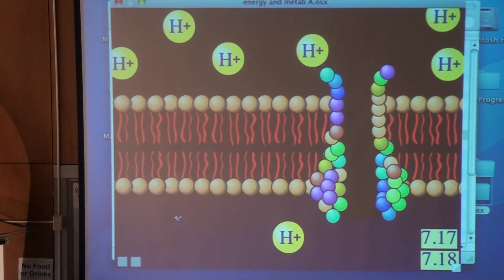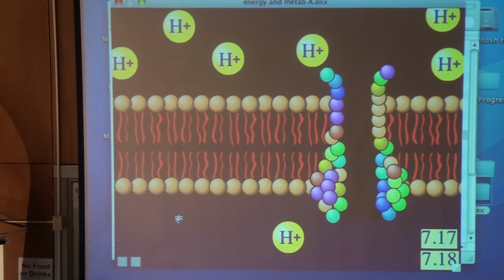But the cell can have some specialized types of transport proteins that can move solutes against their concentration gradient, but it's a non-spontaneous reaction because the solute is gaining potential energy as it goes from low concentration side to high concentration side.